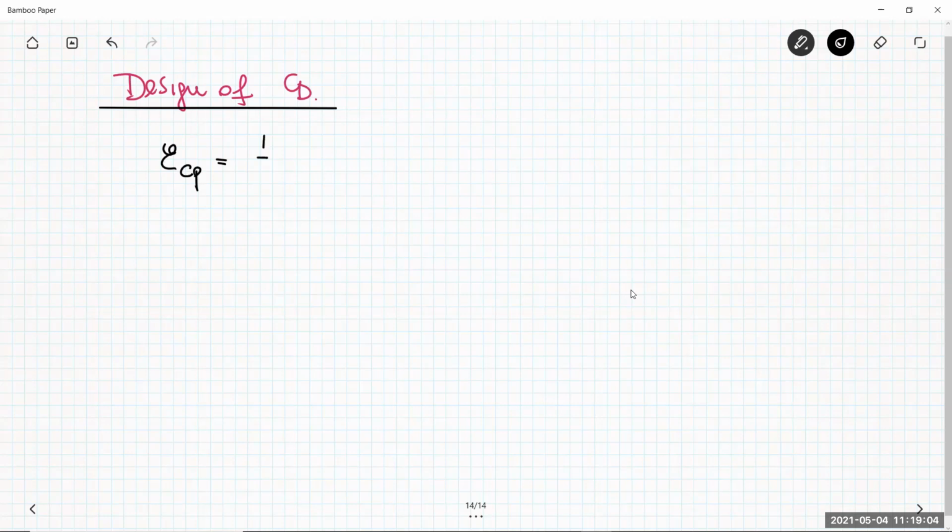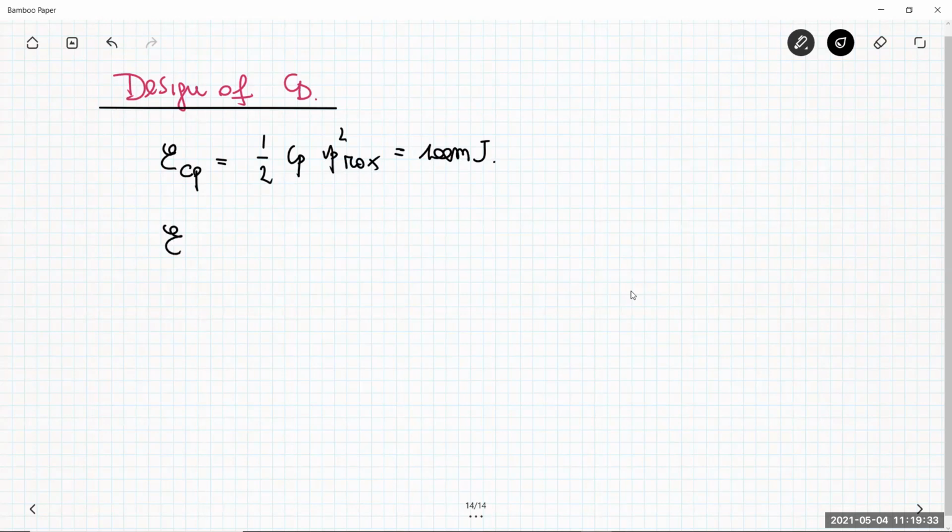This is one half CP VP square maximum. Remember, we computed this as 100 millijoule. So this is the energy stored into CP that makes possible a variation of the voltage across CP from 0 to 200 volt. This is the energy stored into the capacitor, for example, at the beginning of the discharging phase, previously computed.